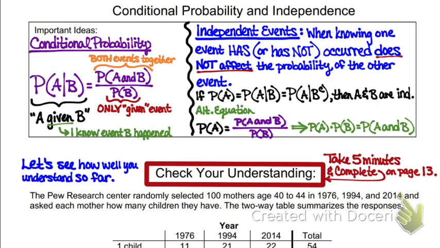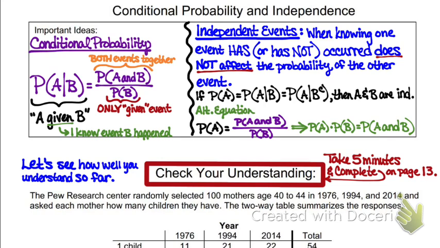I have an alternate equation underneath there. You don't have to remember that one. It's just another way to find the same thing. All I did there was take some substitution. This right here is what we have an equation for over here.